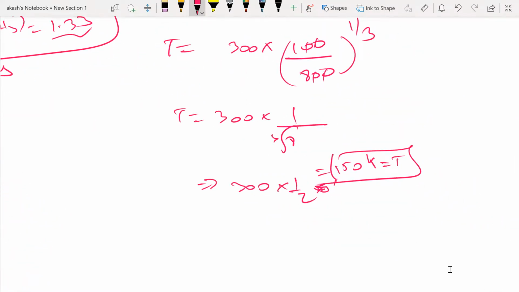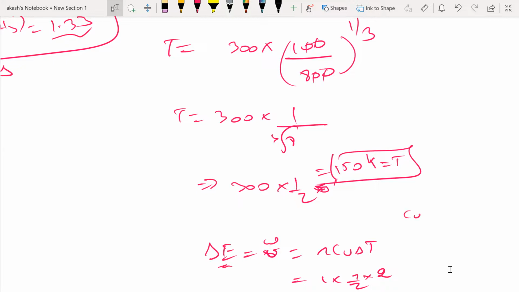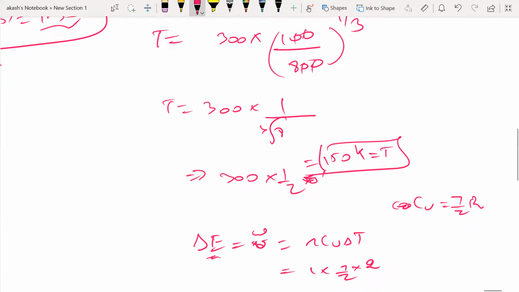Now we have found the final temperature, and the initial temperature we know. So delta E will be equal to W, and that will be equal to nCv delta T. The number of moles is 1 only. Cv is 7 by 2 R. Since I want the answer in terms of calories, I'll use the R value as 2. Remember, Cv for any polyatomic gas is 7 by 2 into R, and R here is 2 because I want the answer in terms of calories.